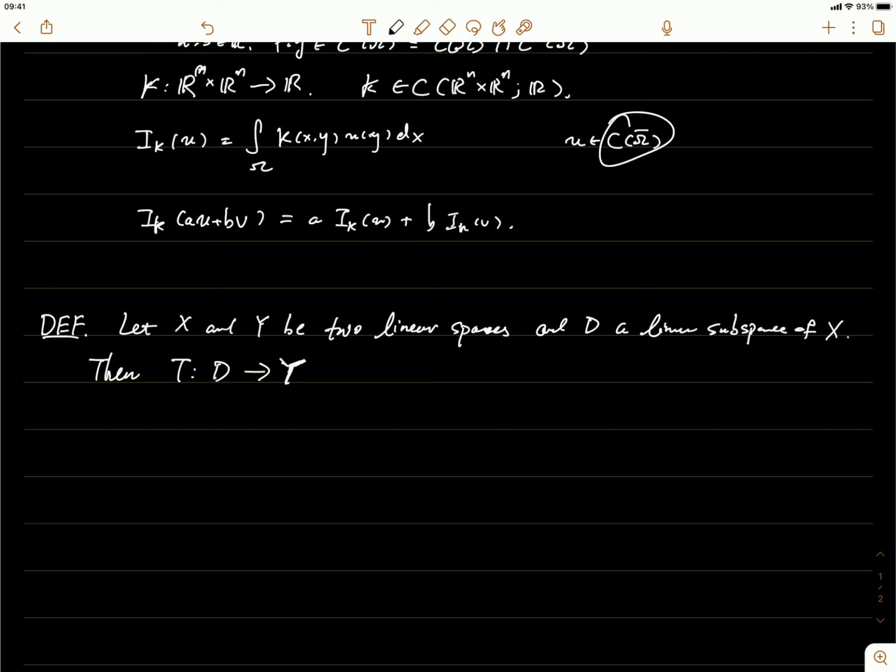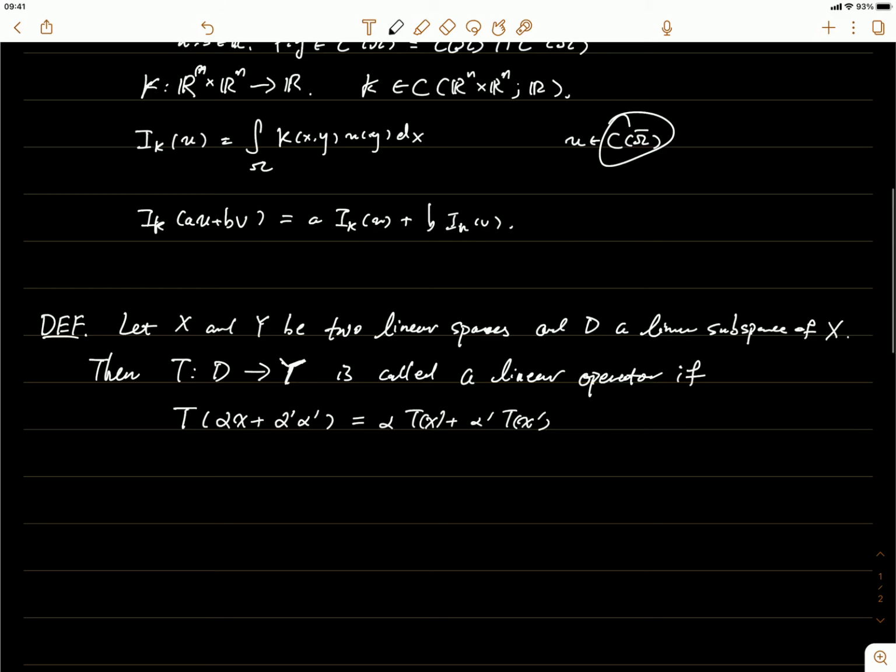So this T is called a linear operator if, as we said earlier, T of alpha x plus alpha prime x prime is equal to alpha Tx plus alpha prime Tx prime. We sometimes put parentheses, sometimes not.